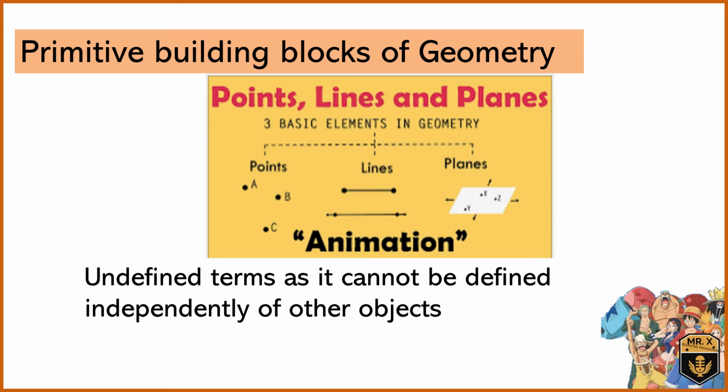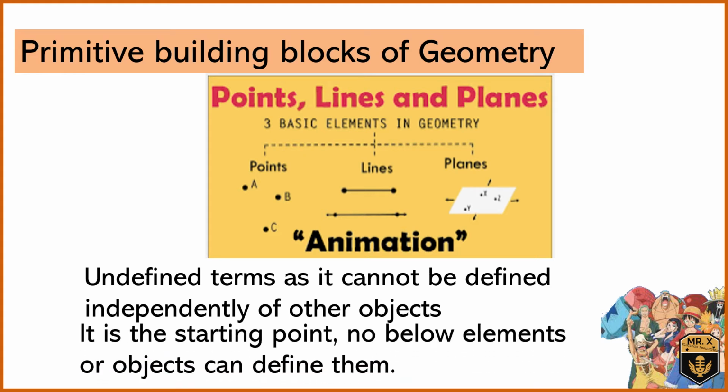It is undefined as it cannot be defined independently of other objects. It means points, lines, and planes are the starting point of geometry. There are no elements or objects below them that can define these three. That's why it's called undefined terms, but we can describe these elements.